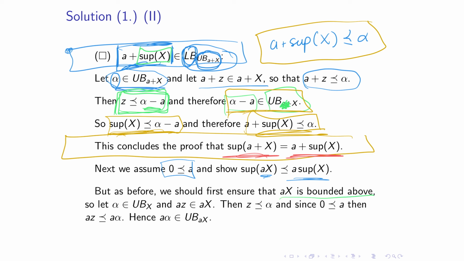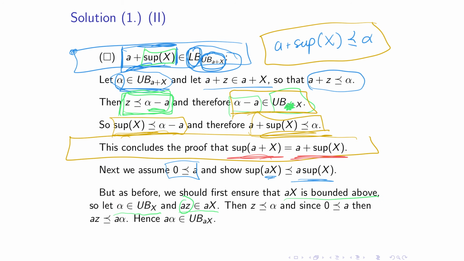Well, we're going to pick any upper bound for X, call it alpha. If we then also pick any element out of aX, which we'll call az, so z is an element of X. Well, since z is an element of X, alpha is an upper bound of X, so we get that z ⪯ alpha.